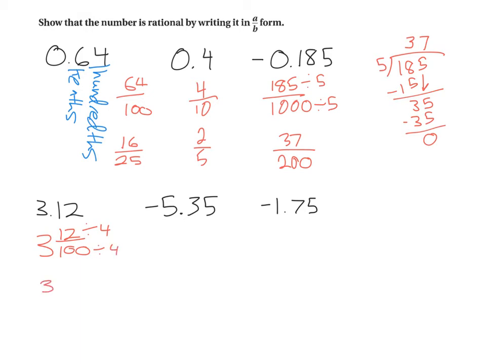So I get 3 and 3/25. Now I want to turn this into an improper fraction. I'm going to do 25 times 3, that's 75. Add 75 to 3, and I get 78 over 25. Our denominator stays the same.